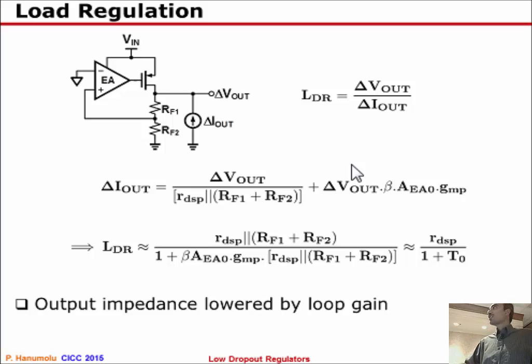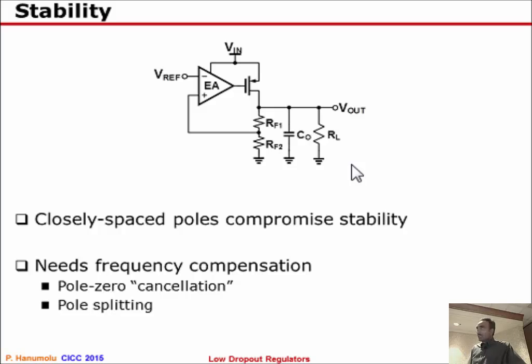So I'm trying to figure out how much output current change I get when I change delta V out, and after some simplification, you end up with RDSP, which is the output impedance of the PMOS transistor, divided by 1 plus this funky character, which is the DC loop gain. So this feedback is going to attenuate the output impedance by the amount of loop gain you have. This is yet another reason why we would like to have very large gain in the error amplifier.